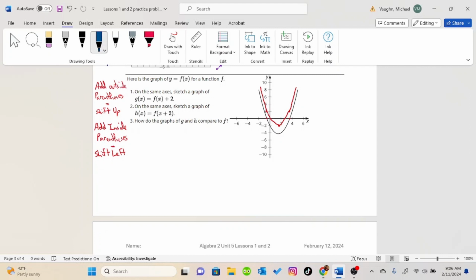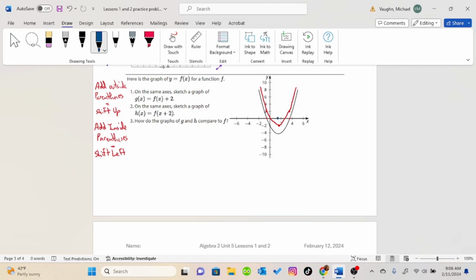On number 2, now we're adding 2 inside the parentheses. And what this does is shift it left 2. So now what I want is I want my x-intercept that comes just before 4 to shift left and be just before 2.